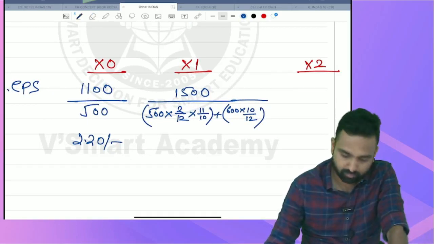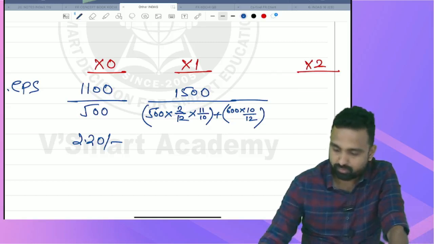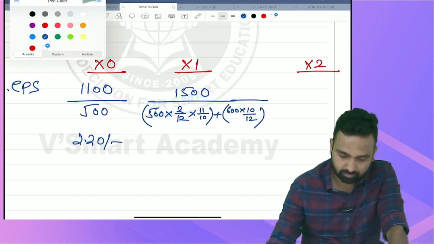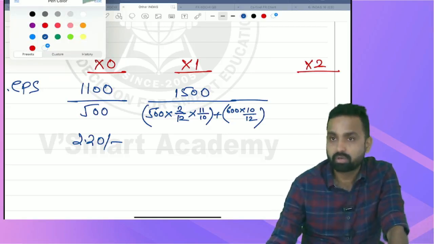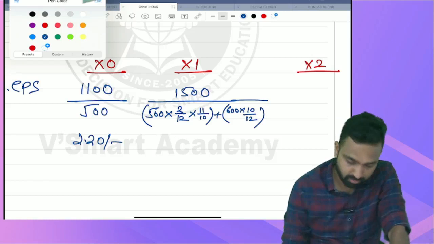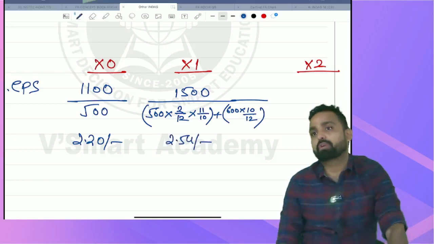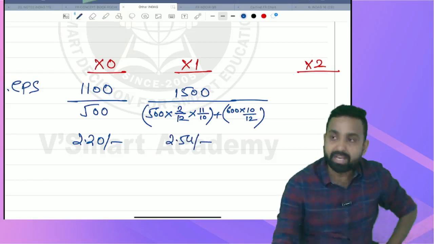Denominator is 591.6. Yes. 2.54. Yes, sir. Next one, X2.